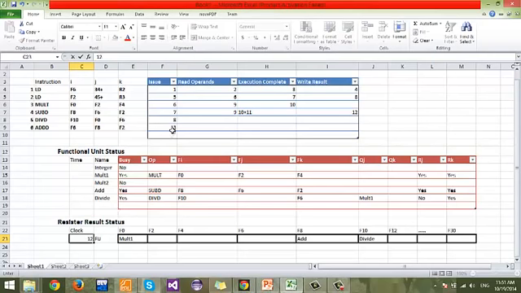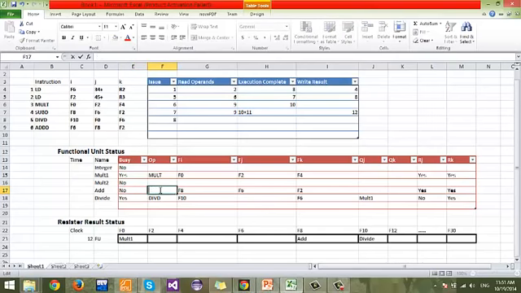Let's go back to clock cycle 12. In clock cycle 12, there will be some change in the functional unit status. At the end of clock cycle 12, this will become free.